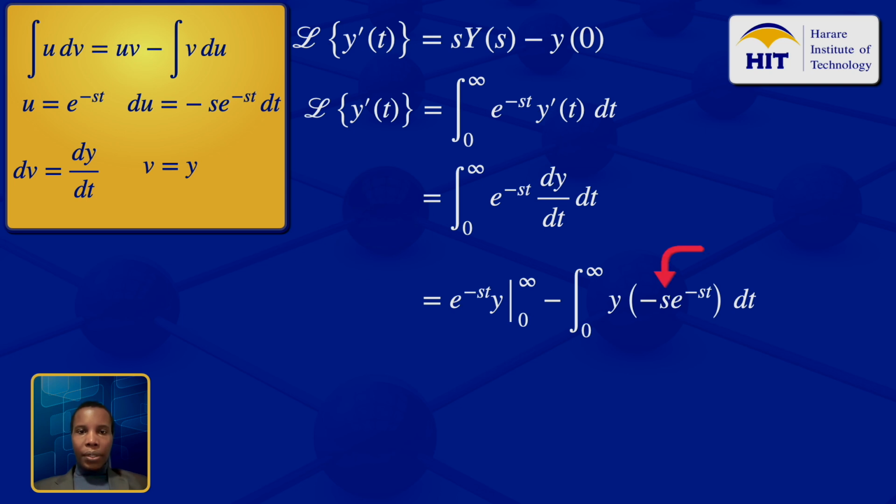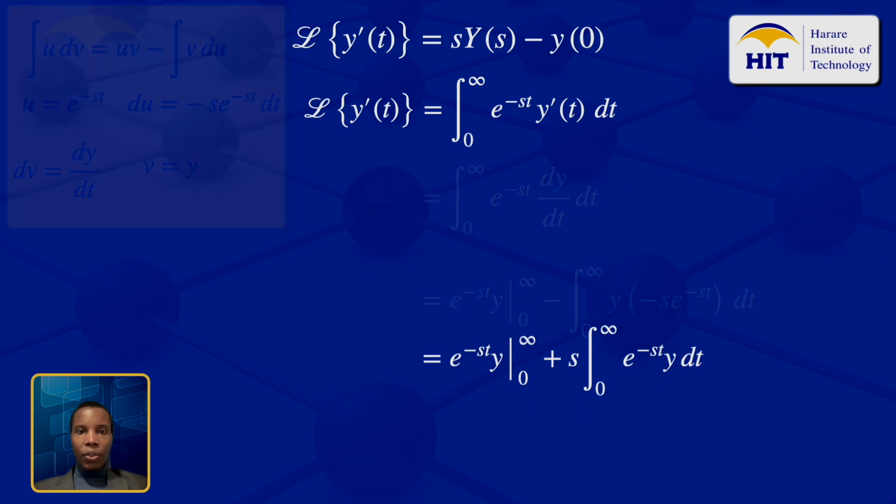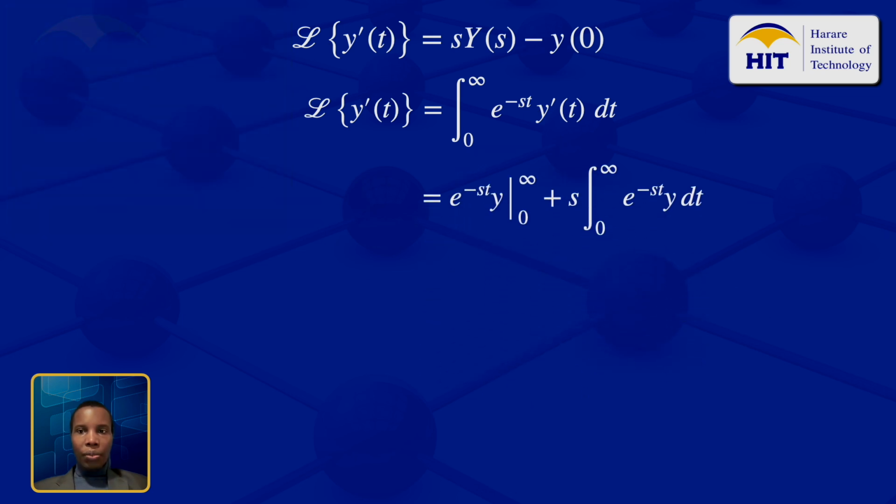But this s here is a constant because we are integrating with respect to t, so we can take it outside. Then the minus by the minus will be a positive, so our expression becomes e to the minus st times y, the limits 0 to infinity, plus s multiplied by the integral from 0 to infinity of e to the minus st times y with respect to t. So that's the result that we have for now.